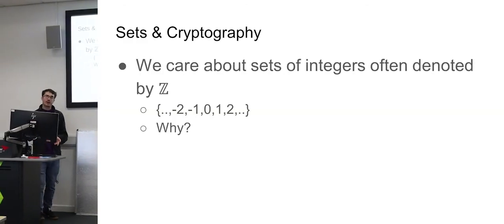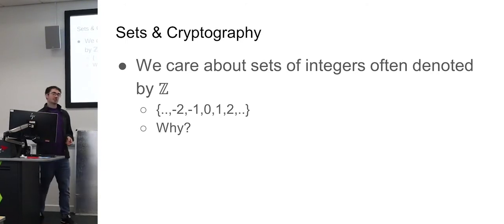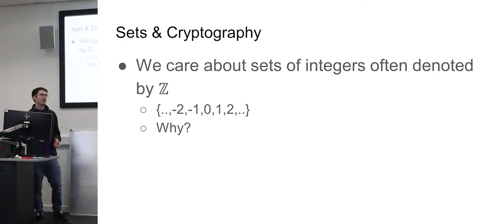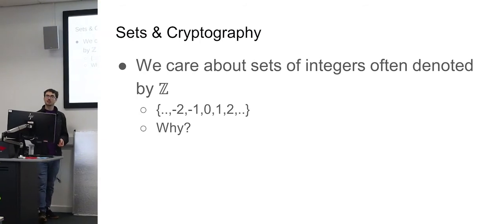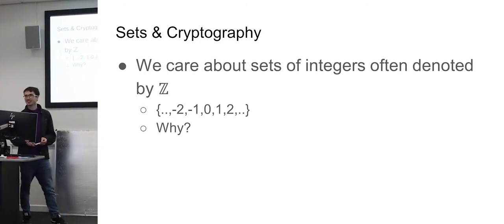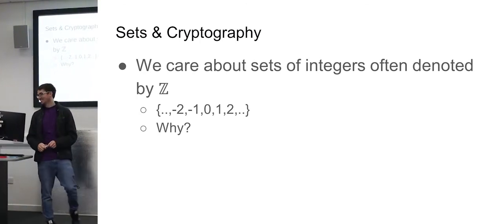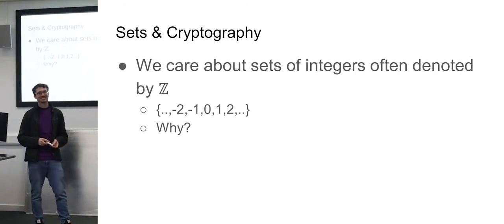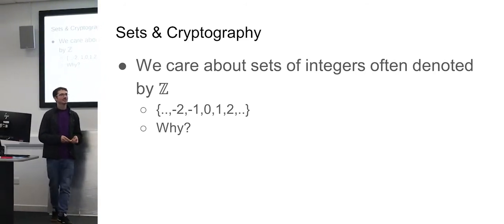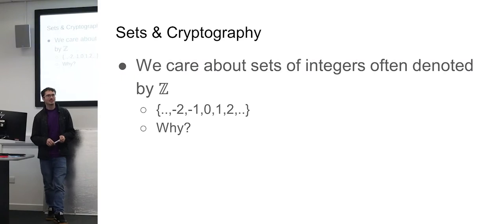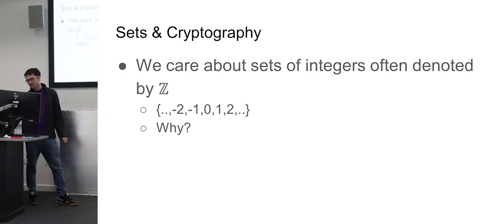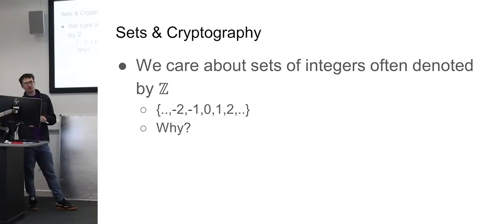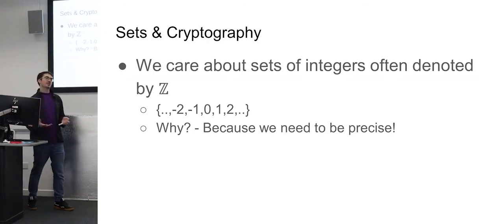In cryptography, we care about sets of integers. Why do we care about sets of integers? Anybody? Nobody wants to? You've got to help me out. Almost. It's because we're dealing with prime numbers, but specifically it's because we need to be precise.